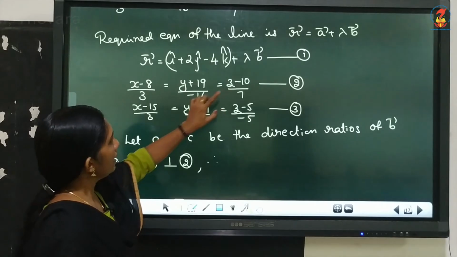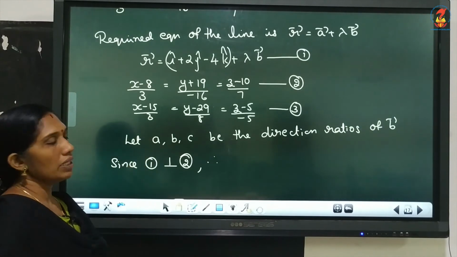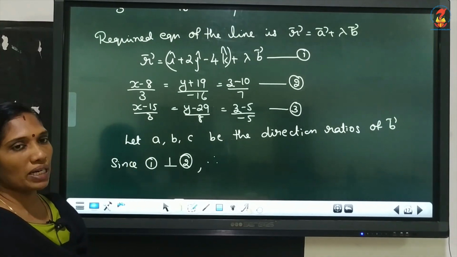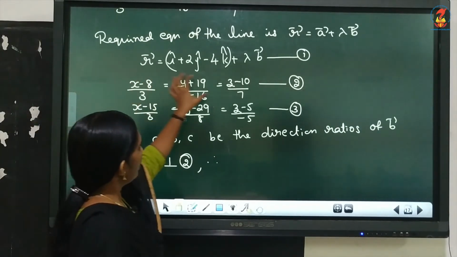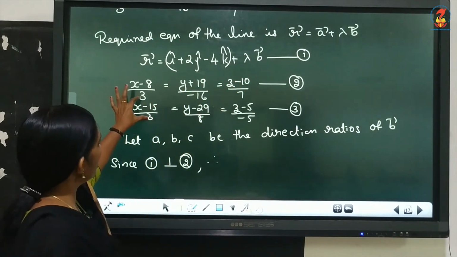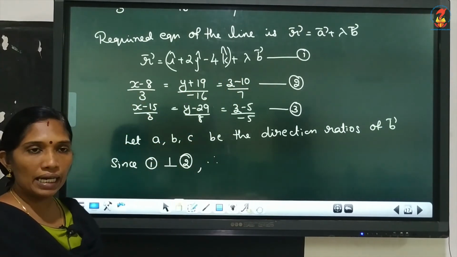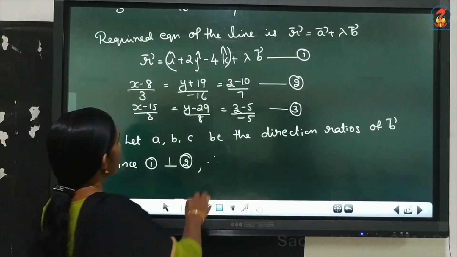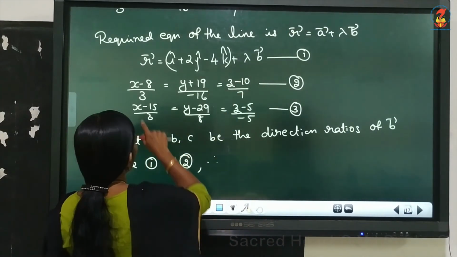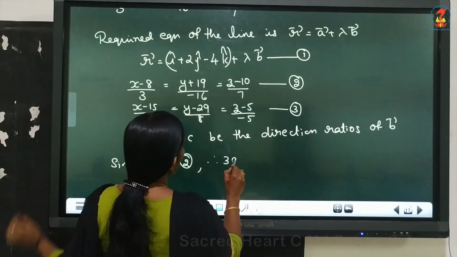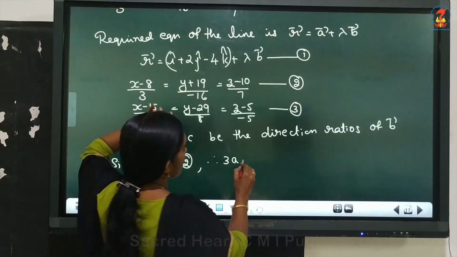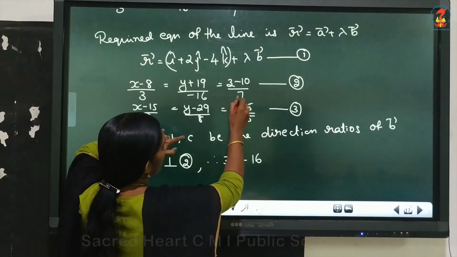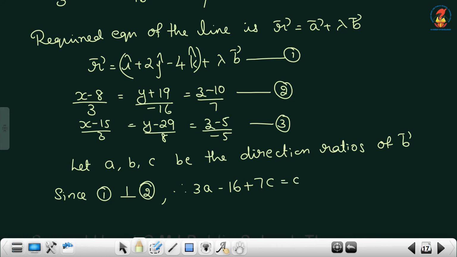The 8, 19, 10 and 15, 29, 5 are the coordinates of the point the line passes through; we won't take that part, we take only the denominator portion, that is the parallel vector. So a into 3, or 3a, plus b into minus 16, plus c into 7 is equal to 0.